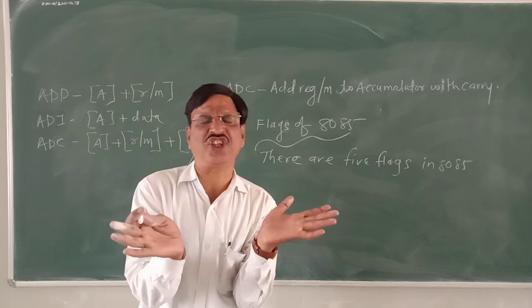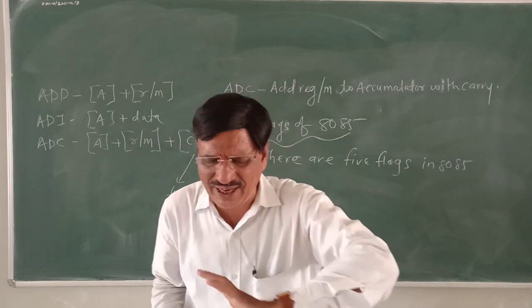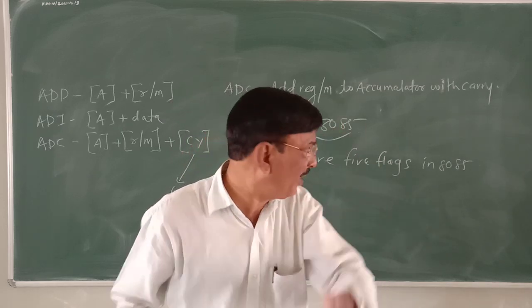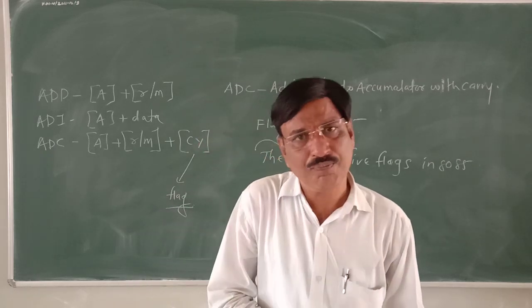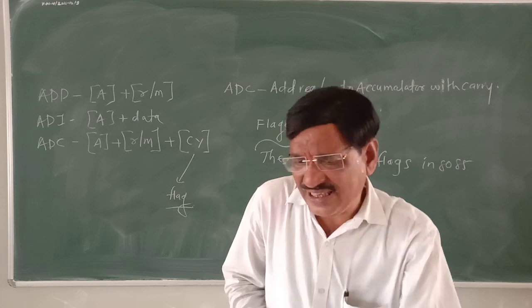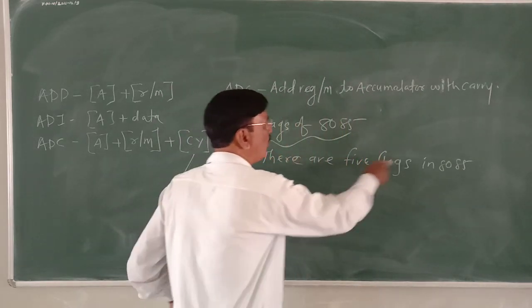A flag is a 1-bit status register. It can be set or reset depending upon the nature of the result. Whenever any activity is performed, we can make the analysis. Similarly, whenever an arithmetical logical operation is performed, the result is analyzed and depending upon that, flags are set. So there are 5 flags in 8085.